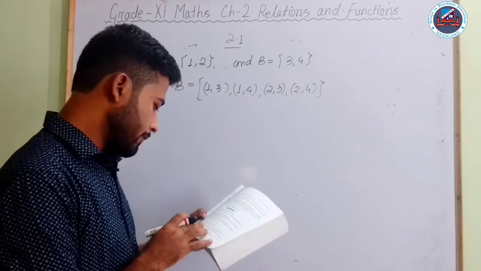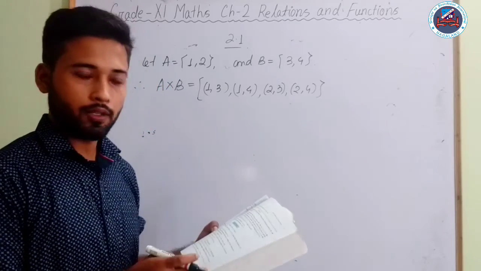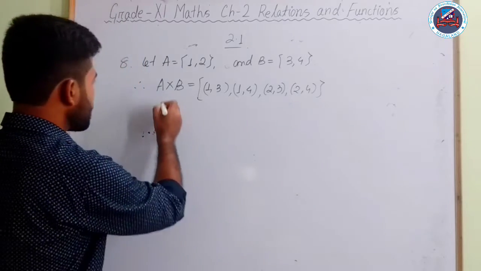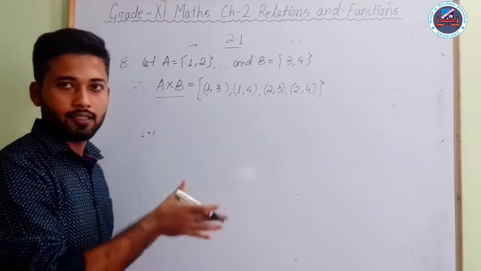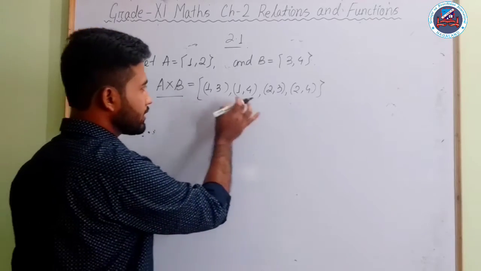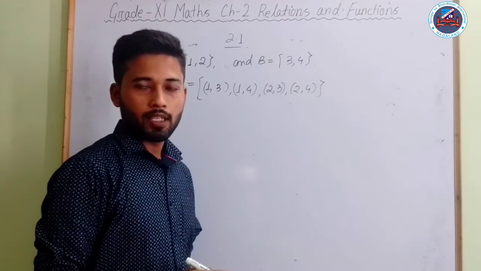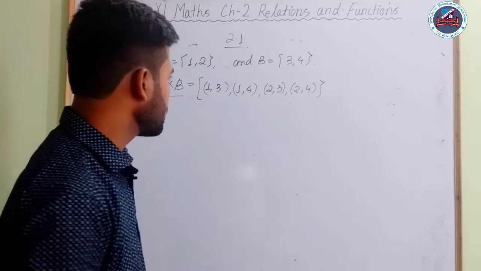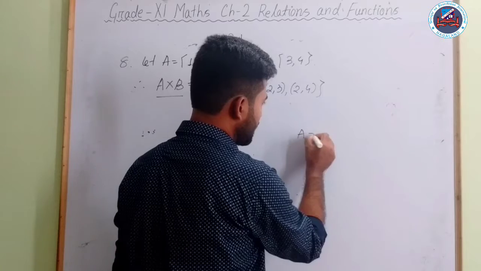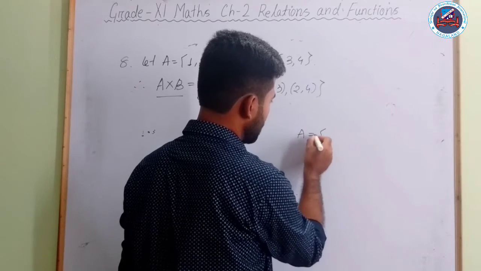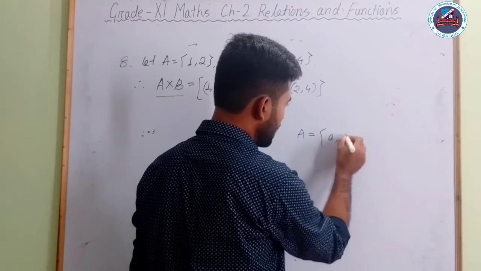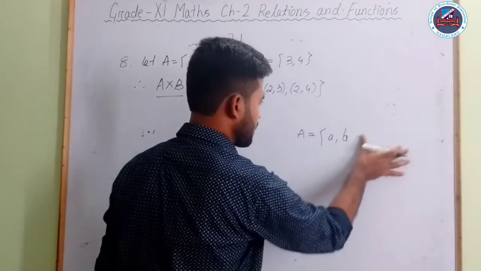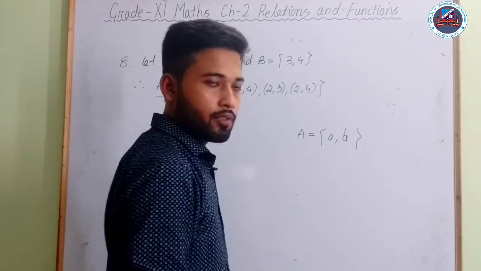Now the second part they have asked is, how many subsets will A cross B have? So what is A cross B? It's a set, isn't it? So it is a set containing 4 elements. And how many subsets will it have? You have done this in your first chapter. So if A contains, suppose, A, B and C, then how many subsets, or let us take only A and B, how many subsets can we write?